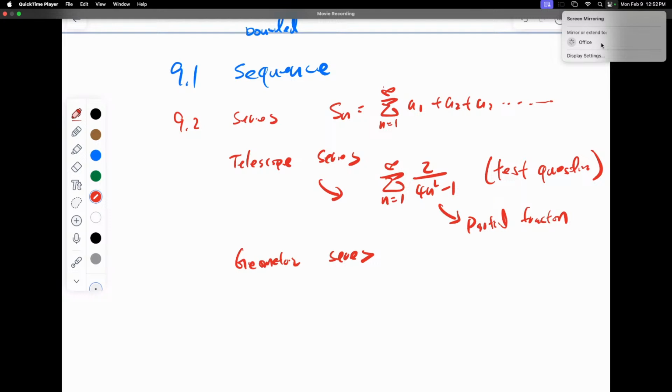So geometric series, I can spell series, S-E-R-I-E-S. Geometric series, we know that one kind, but we never talk about how this comes into play. We have two definitions, by the way.